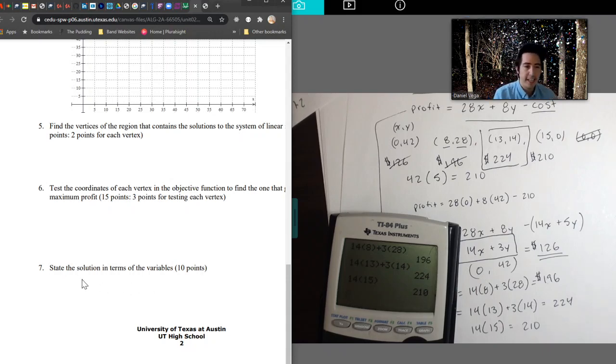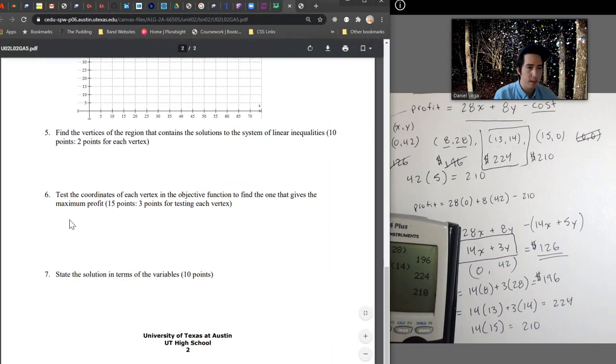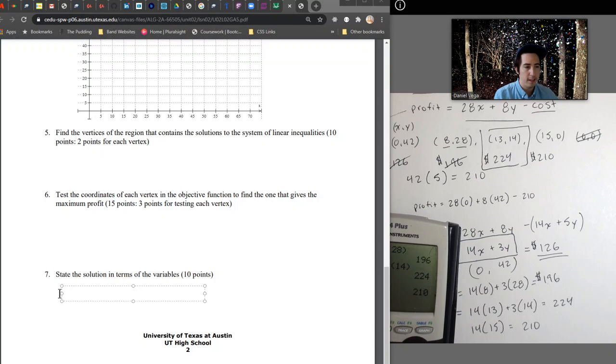So state the solution in terms of the variables. So yeah, testing, and that's all the work we showed here for number 6. Number 7, if you're going to state in terms of variables, I say something like this.